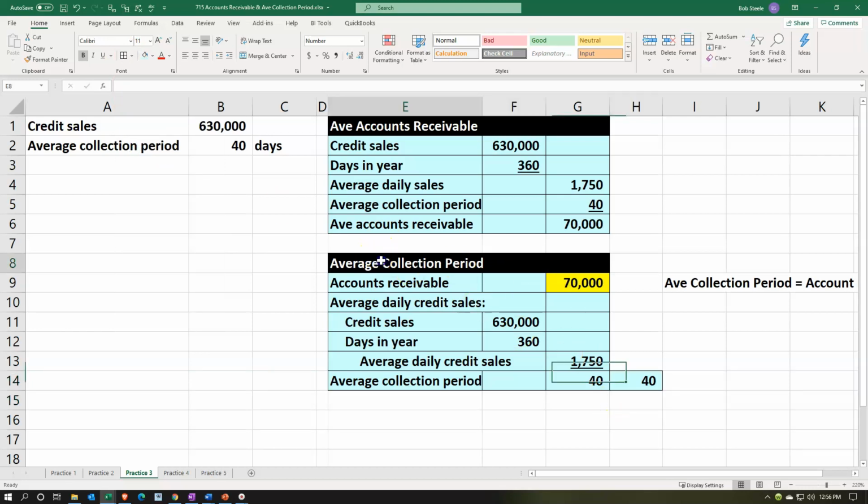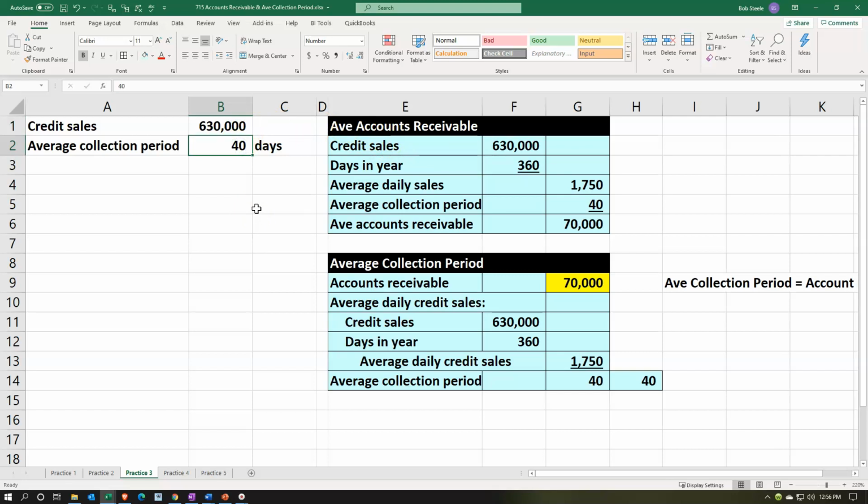So again, you might memorize just this, and then when you're thinking about using that number to back into your accounts receivable, then you can do so. So you could say, hey, this is my average collection period, it might be useful then to think about, okay, based on that average collection period, how can I back into what my accounts receivable would be if I had the credit sales of the 630 and the average collection period of the 40.